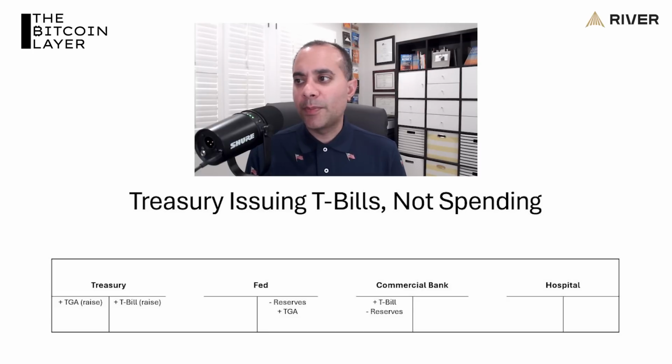Now, in the first example, I have Treasury issuing T-bills but not spending money. Now, this is from a liquidity perspective what we have come to know as a build of the TGA. So this is when the Treasury General Account increases in size. Now, in this example, I have only a cash build at the Treasury.